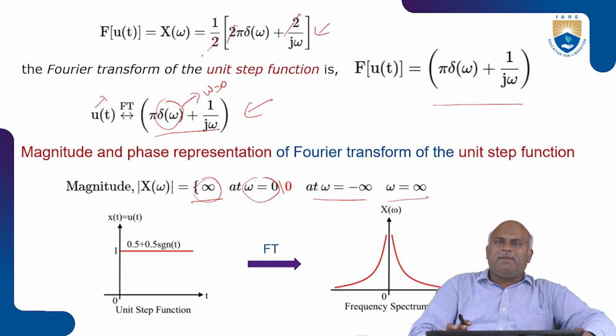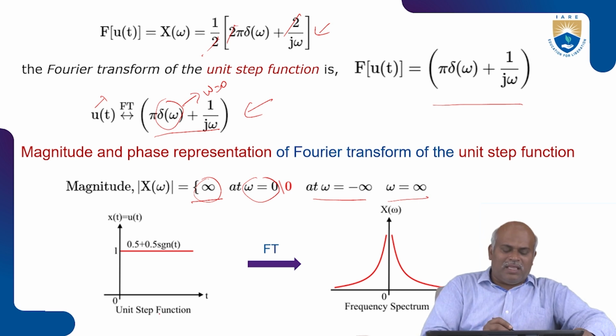Now we can write the graphical representation of our u of t. The u of t we write in terms of the sgn function. That's why, for the unit step function, I write the amplitude equal to 1. When t equals 0, the amplitude equals 1. That's why it is 1 when t is greater than or equal to 0, and 0 otherwise.